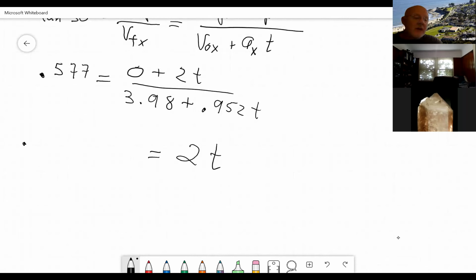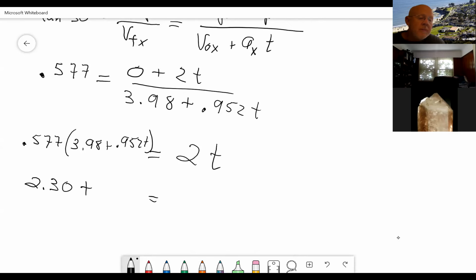And on the left-hand side, I'll just write it out before I do the distributive. This would be 3.98 plus 0.952t. When I do the distributive property, the 0.577 times 3.98 is 2.30.